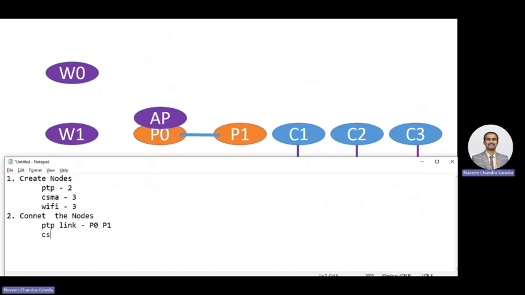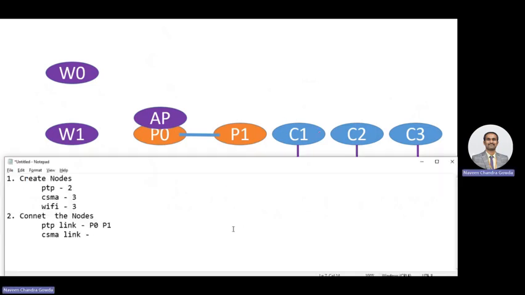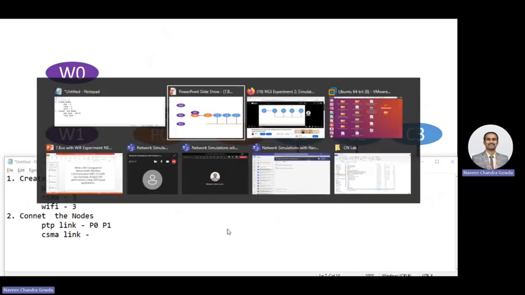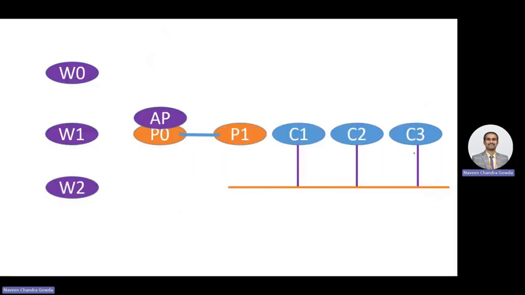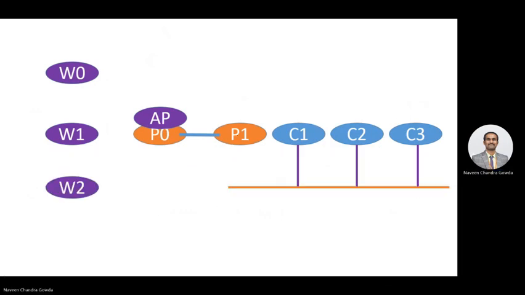Similarly, I'll be using a CSMA link to connect the CSMA nodes. If you only connect C1, C2, C3 by using a CSMA link, there won't be any kind of interconnection between these nodes and the others, so they will act as independent nodes.